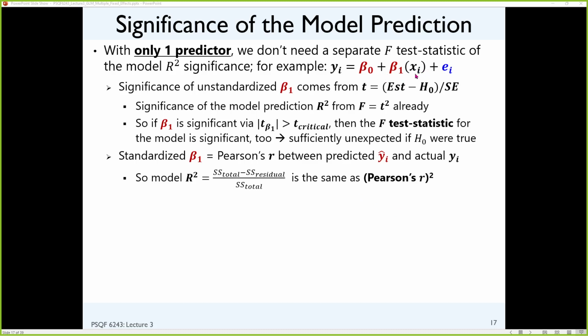This would be appropriate if you have a quantitative predictor that you're happy with having only a linear relationship captured by beta 1, or if you have a binary predictor in which there's only one possible difference. So in this case, the test statistic for T is the slope's estimate minus the null hypothesis, usually 0, divided by its standard error. So T tells you how many standard errors away from the null hypothesis your result is.